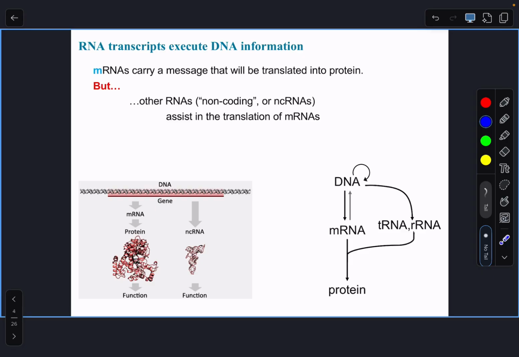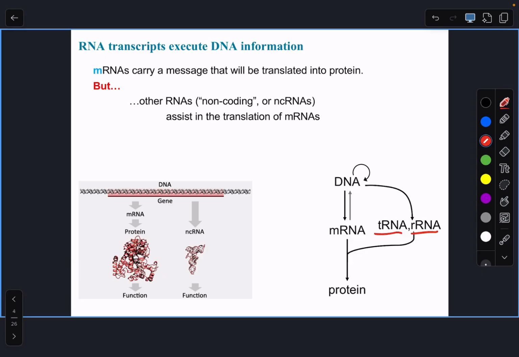So there are messenger RNAs that get translated into proteins, but there are many other non-coding RNAs, some of which assist in the translation of those mRNAs, and some of them you may have heard of before, like transfer RNAs and ribosomal RNAs. These are directly involved in the process of translation, even though they don't get translated themselves. They operate in translation, though they are not translated into proteins.